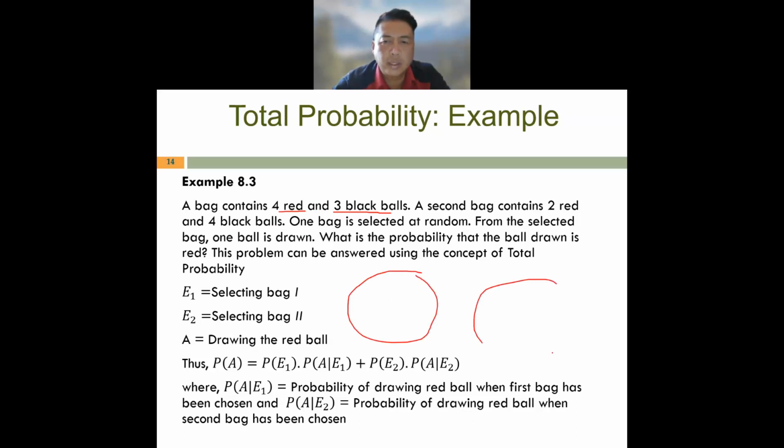So in the first one, bag 1, and this is bag 2, we have 4 red here and black 3, and over here we have 2 red and 4 black.